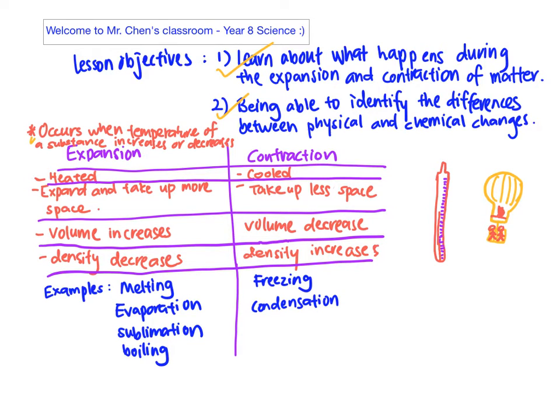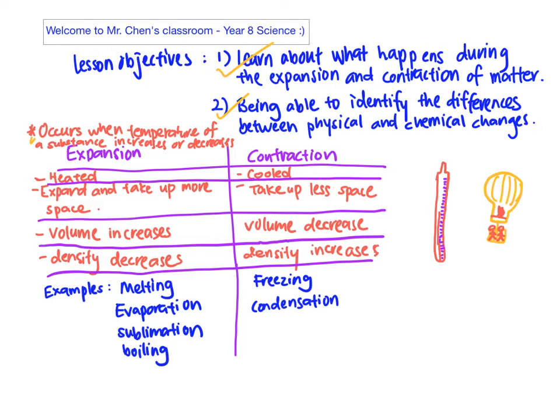So expansion. When you look at the word expansion, what do you think of? Does it remind you of things getting bigger, while contraction is you literally curl up and become smaller?